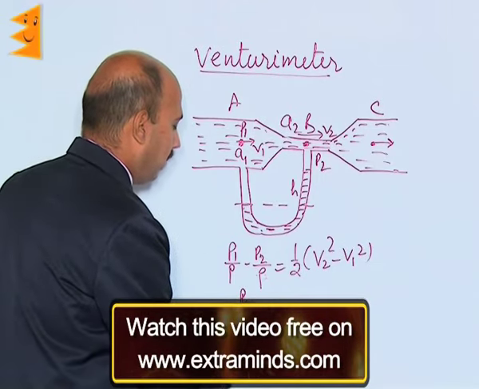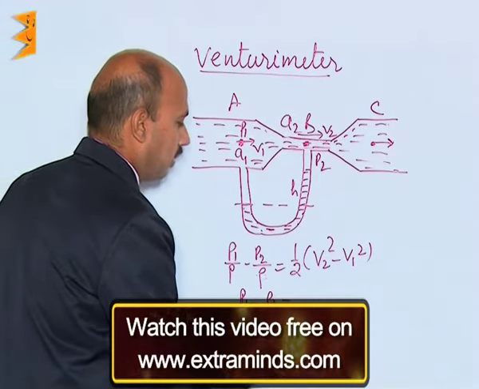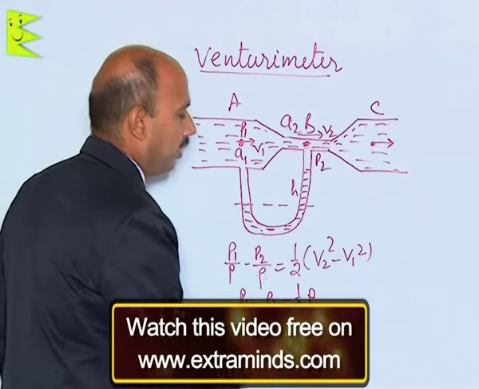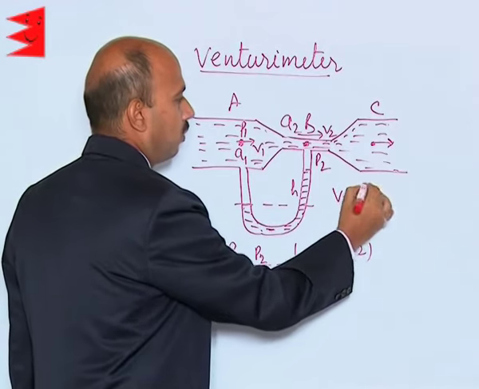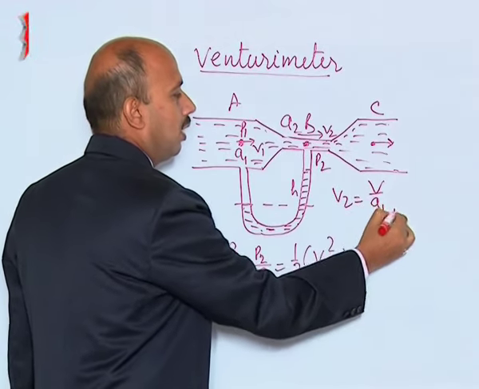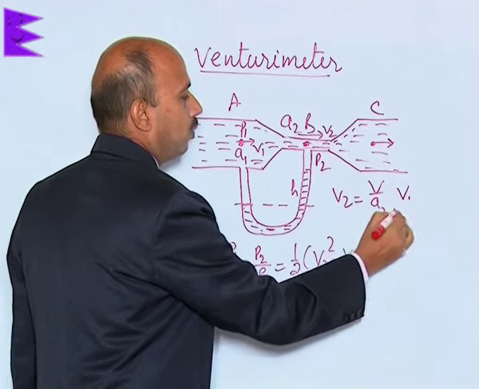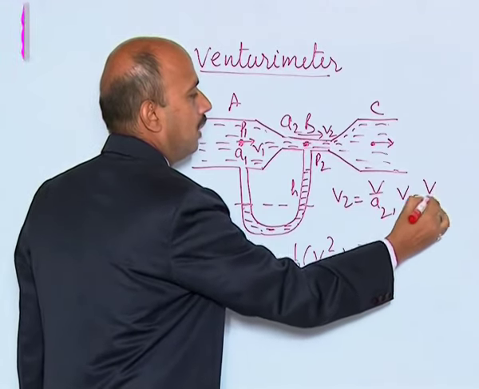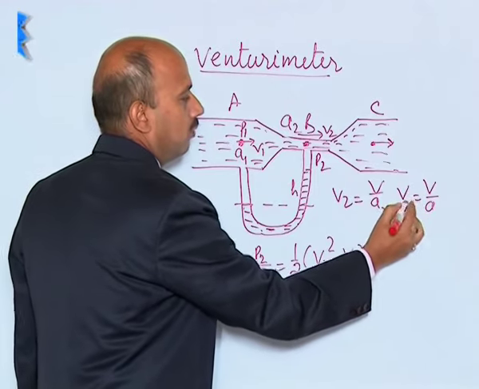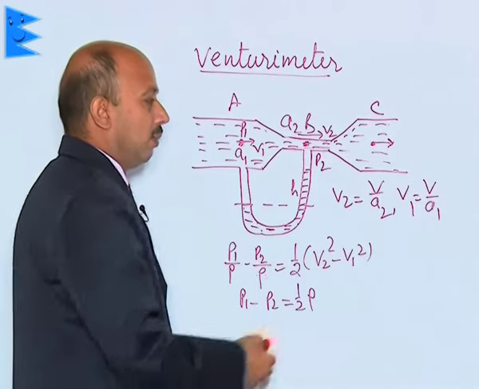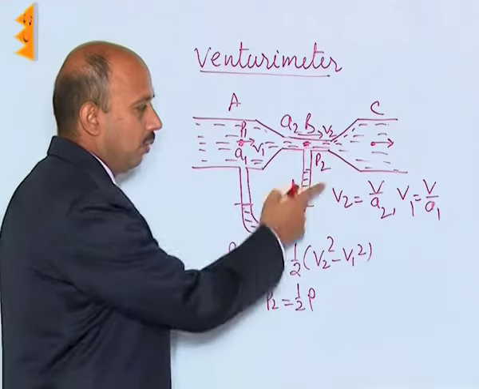Now we can write P1 minus P2 is equal to half rho into, in place of V2 we can write V upon A2, and V1 is equal to capital V upon A1, by using the equation of continuity.